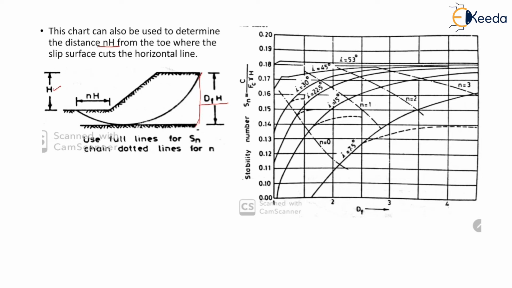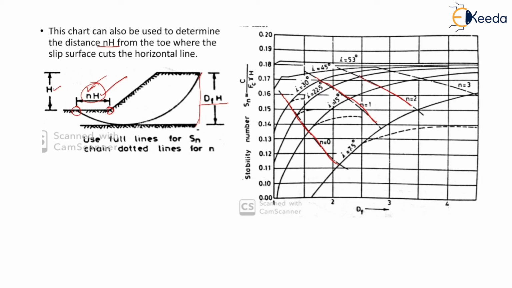So using this chart we can determine the value of nh, which is distance between toe and the point where the slip surface cuts the horizontal line. So in order to determine the value of n, we will use these dotted lines. So these lines are used to find the value of n. And once we determine the value of n, we can determine this distance, nh.